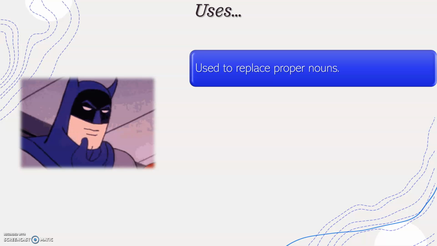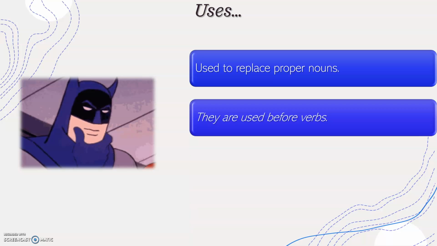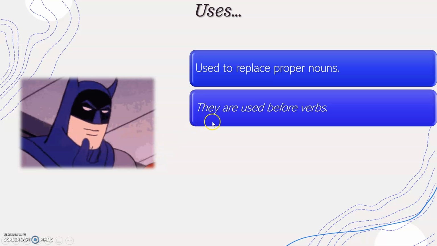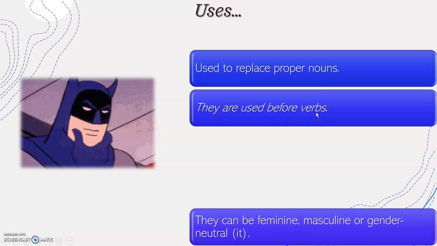So I'm replacing Maria with she. Something really important is that subject pronouns are the main pronouns of most sentences, because they are the ones that carry out actions. That's why subject pronouns are used before verbs, not after verbs.